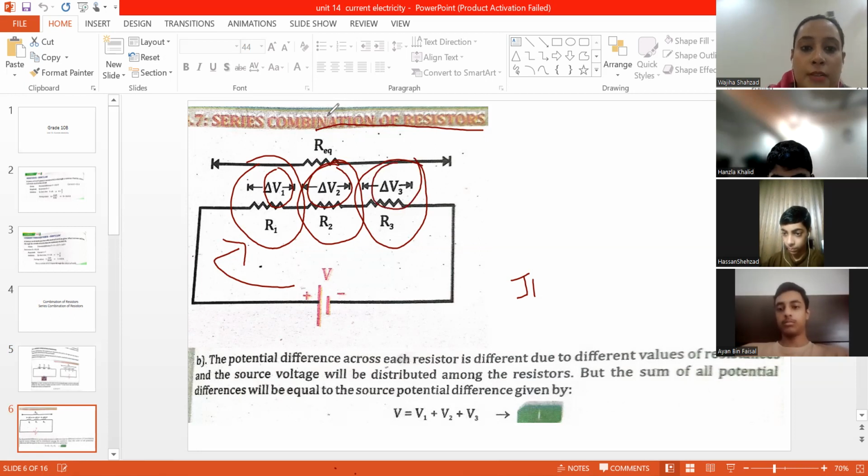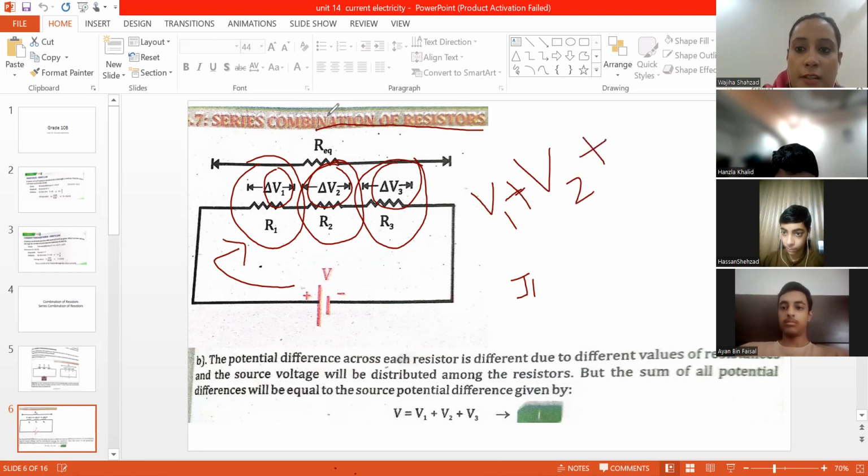So when resistors are connected in series, the potential difference will be divided among them, right? If we take the sum of the voltages across each resistor, they will equal the total voltage.